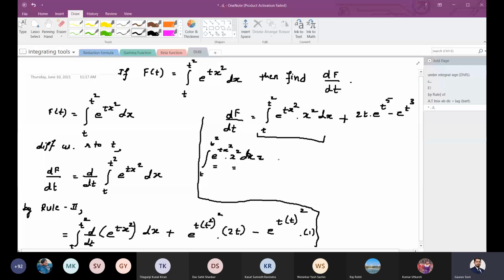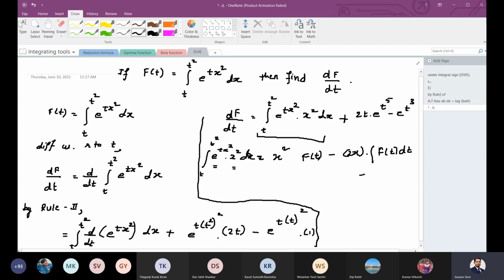Okay, so that will be x square, integration of e to the power tx square. So that will be capital F of t, minus the derivative of x square, which is 2x, again an integration of F of t, integration of F of t dt.